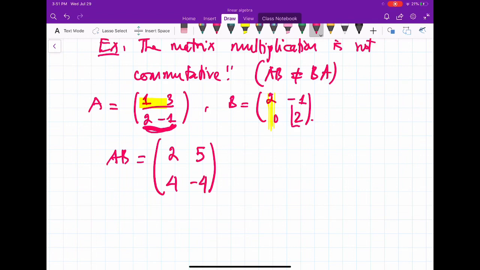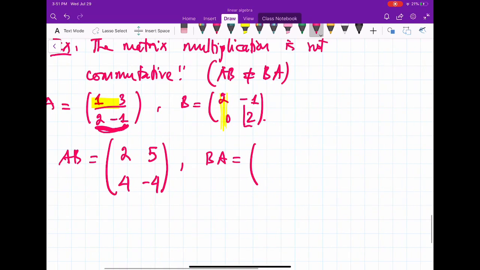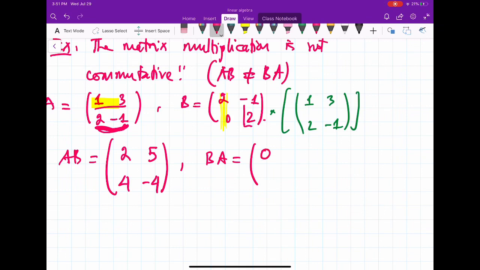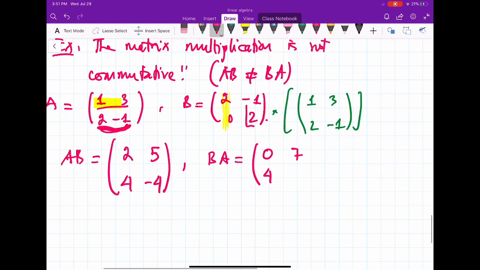That is AB. But at the same time, you may find BA, so you may need to write like this. Just write in this order: 1, 3, 2, -1, because I don't want to be wrong. So I have 2 with the 1, -2 with the -1 is 0, and then 2 with 3, 6, 6 plus 1 is 7, 0 with 0, so I have 4 in here, and then I have -2.